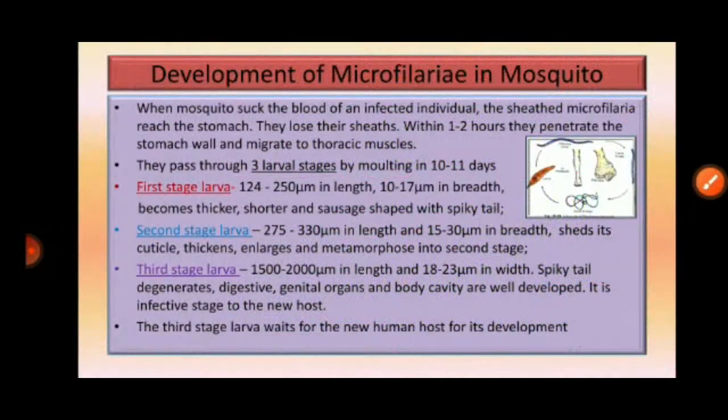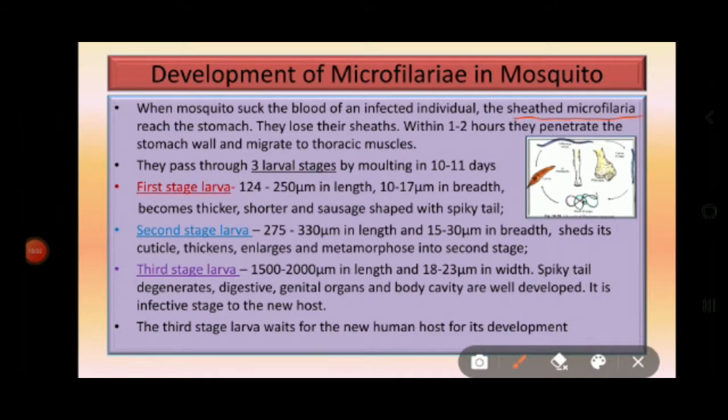Now, development of microfilaria in the mosquito. If the mosquito bites an infected person, these microfilariae enter the mosquito's alimentary canal. When mosquitoes suck the blood of an infected individual, the sheathed microfilariae, surrounded by a cuticular sheath as I just told you, reach the stomach.